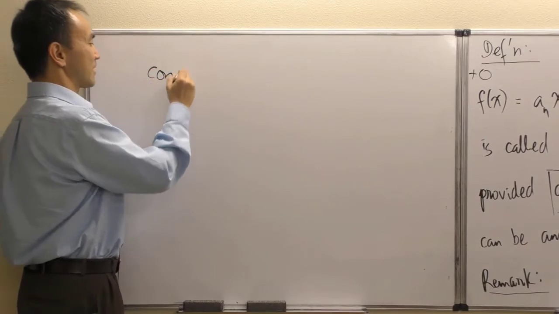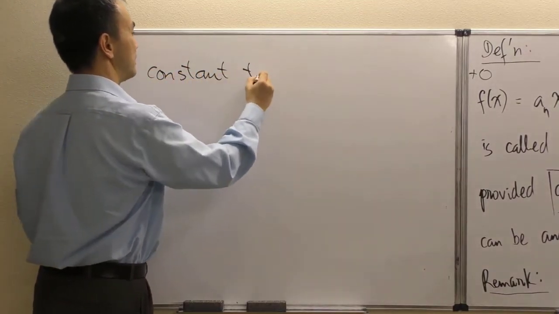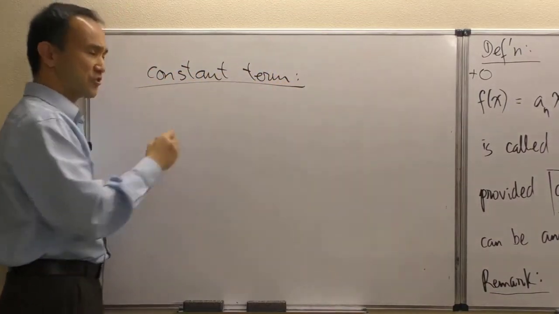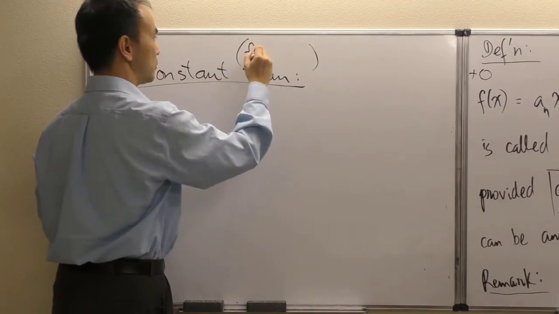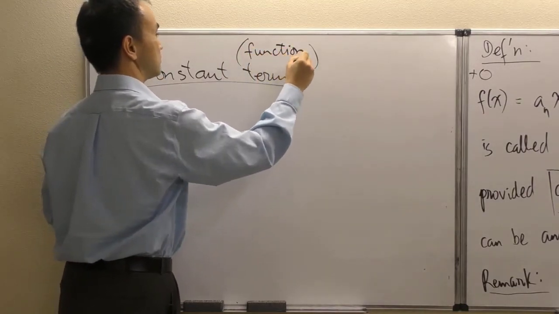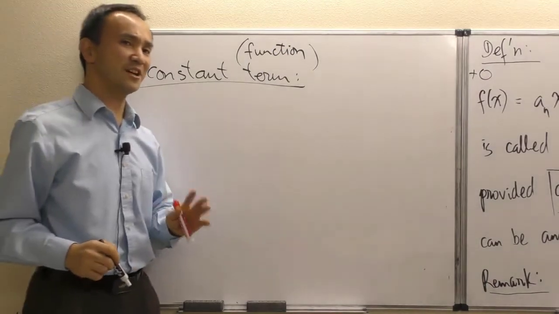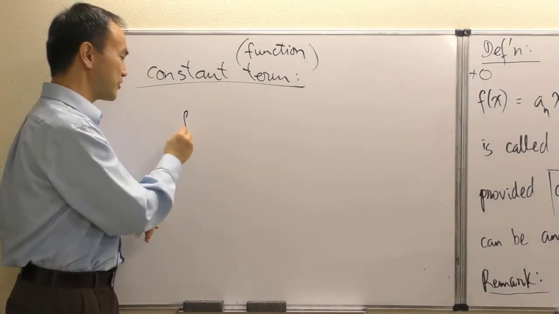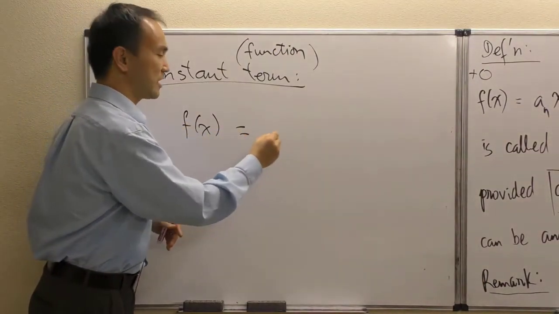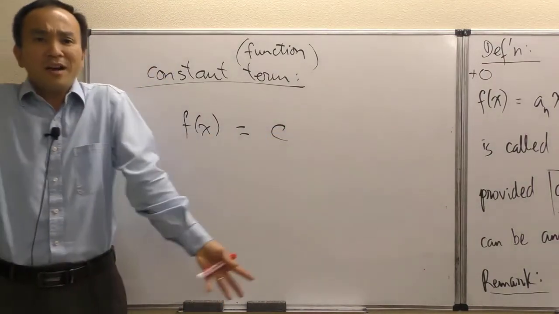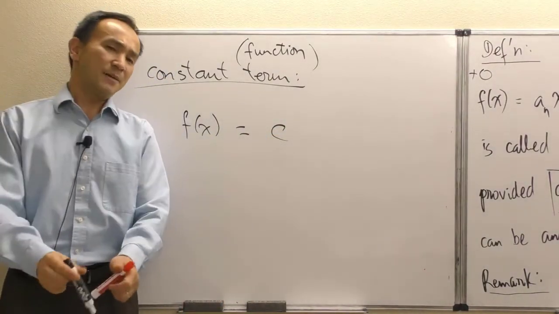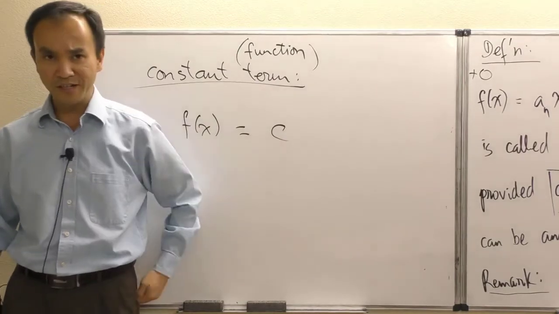Constant term or a constant function. The constant term, but more generally, I would like to discuss that as a constant function. So let's say we have a function f of x be just some constant c. Anyone at this point learning about a polynomial must have gone through learning about what a function is.